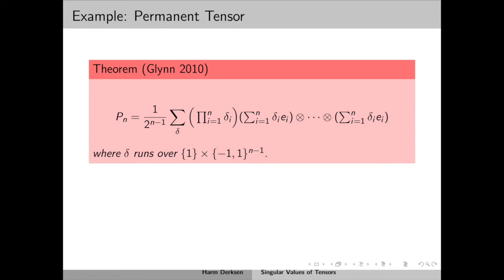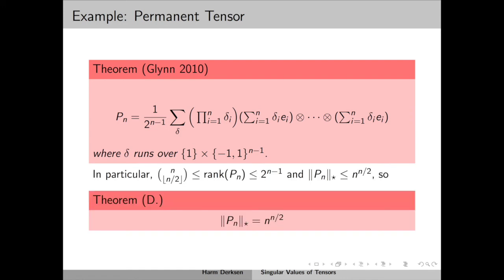It's a sum over 2 to the power n minus 1 terms. So we see from this already that the rank of this permanent is not n factorial, but actually much less, namely at most 2 to the power n minus 1. But it also shows that if you do the calculations, the nuclear norm is at most n to the power n over 2.